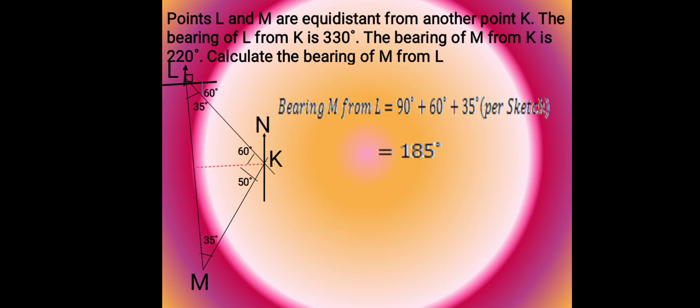I have gotten those 35 because we have been told points M and L are equidistant from K. So having gotten that angle at K, which is 110, the others are base angles of an isosceles triangle. So you just subtract 110 from 180 and then divide by 2 to get those base angles of an isosceles triangle as 35 degrees, 35 degrees.